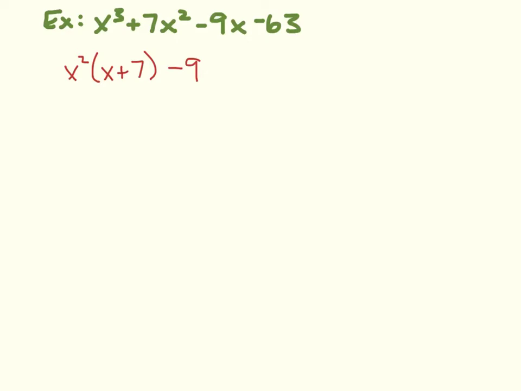And I know that it needs to be negative because I want to be left with just one positive x, right? And negative 63 divided by negative 9 is positive 7. So now I've got my outsides. And inside the parentheses I have the same thing. So I'm left with x squared minus 9 times x plus 7.